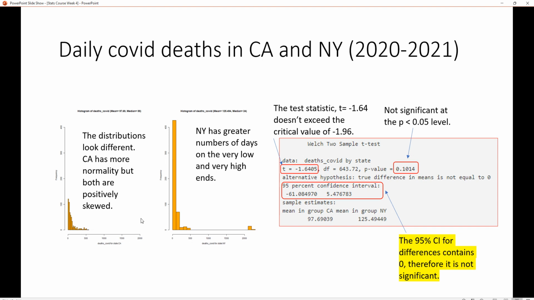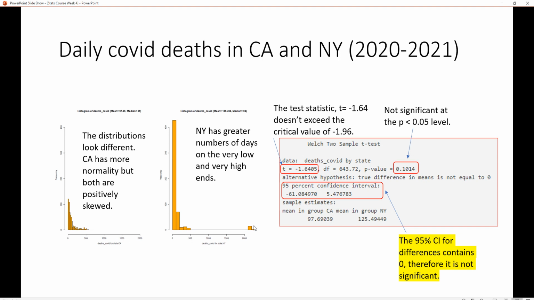We're looking at the distributions of California on the left and New York on the right. We can see that the distributions look different. California has more normality, but both of these distributions are positively skewed. We can see that by that right tail in California, but we can really see it in New York.